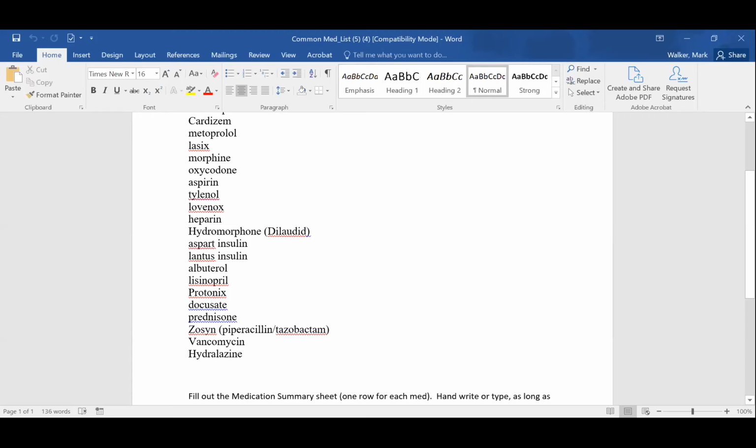Cardizem and diltiazem can also be used besides just for high blood pressure. They can also treat dysrhythmias. We can hang drips for them. So this type of a calcium channel blocker does have an effect on the heart itself.